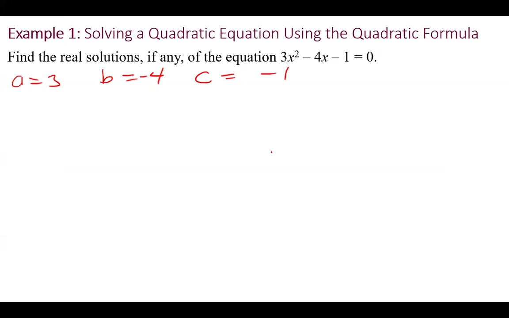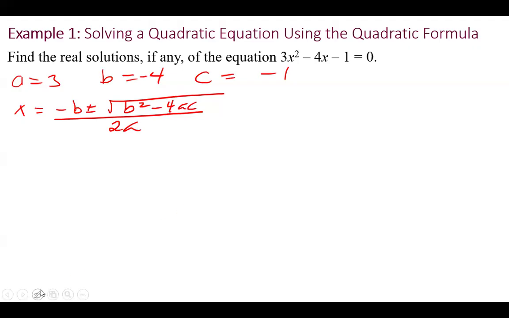And we're going to plug them into the quadratic formula. So again, I'm going to sing it and we're going to write it out so we can get used to it. X equals -b plus or minus the square root of b squared minus 4ac divided by 2a. And now we're going to go through and plug in where everything is.